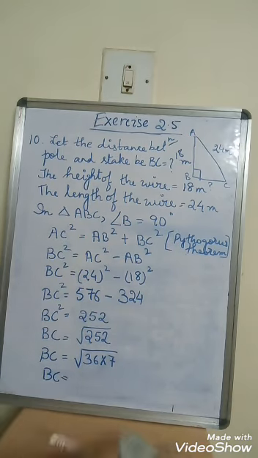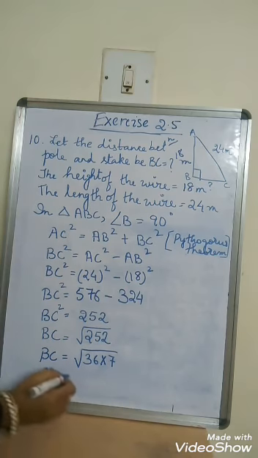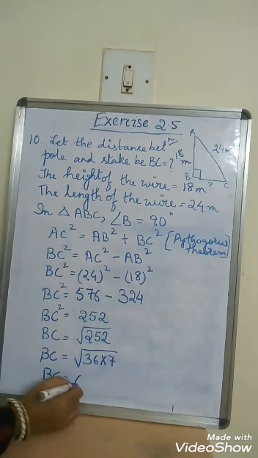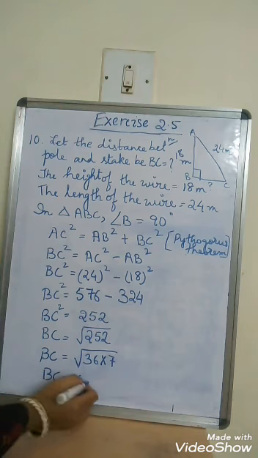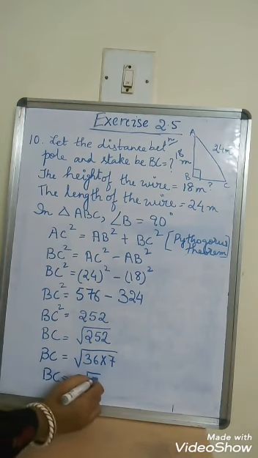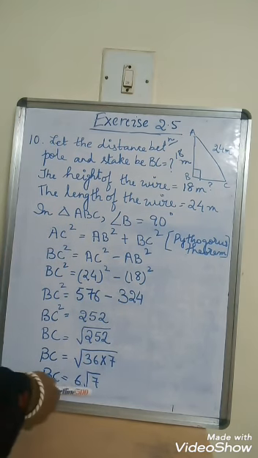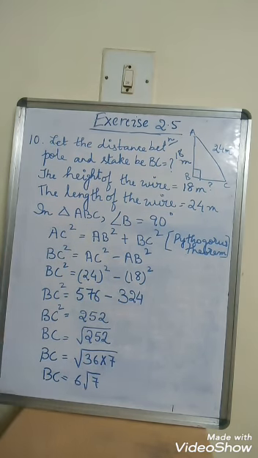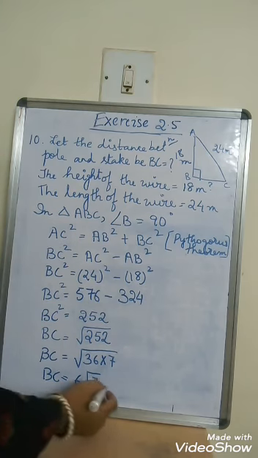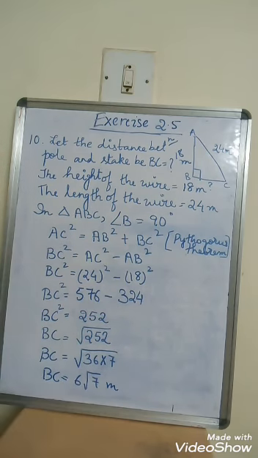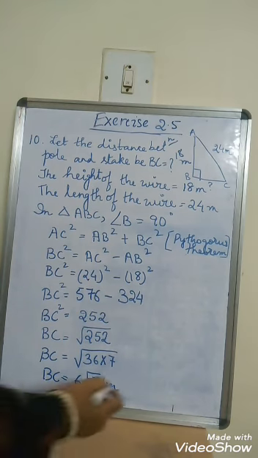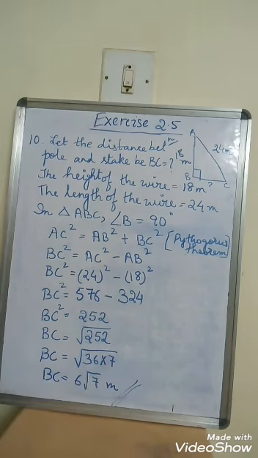BC will be 6, because 6 sixes are 36, and 7 cannot be derived, so we have to keep the square root. So it is 6 square root of 7 meter. This is what has been asked to you to find out, BC.